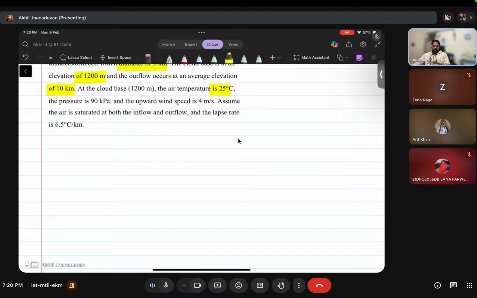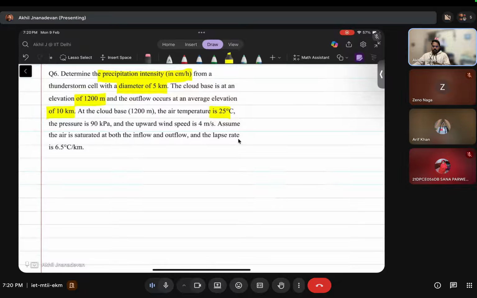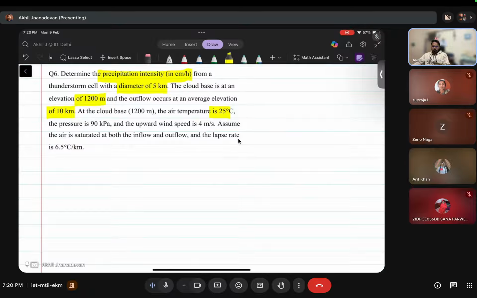So this is one step ahead, right? Usually we'll be given the parameters at the ground surface, and we can find the parameters at different locations. If we know the lapse rate and all, we can find them at 1200 meters. We can also find them at 10 kilometer elevations, right?